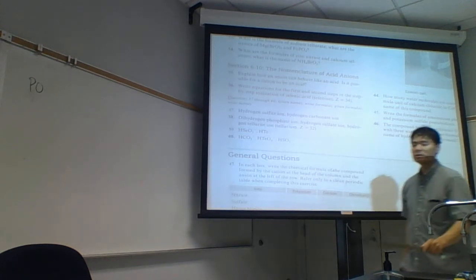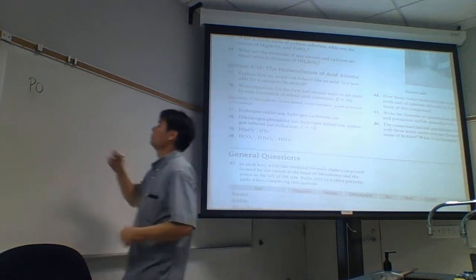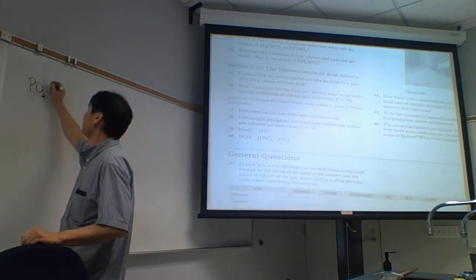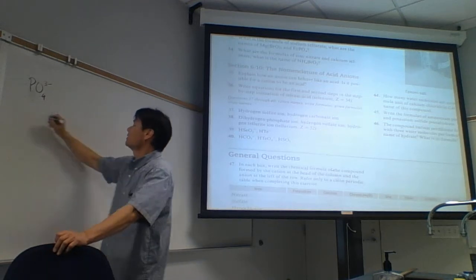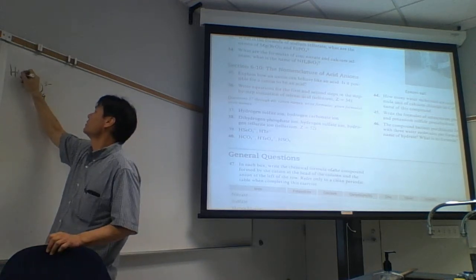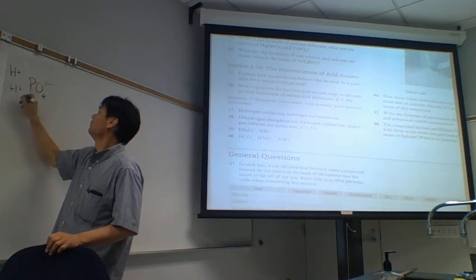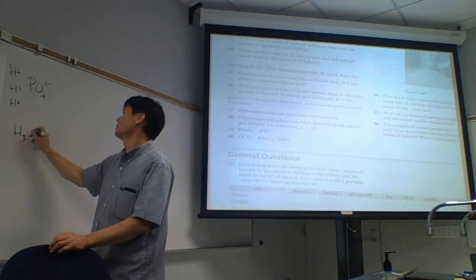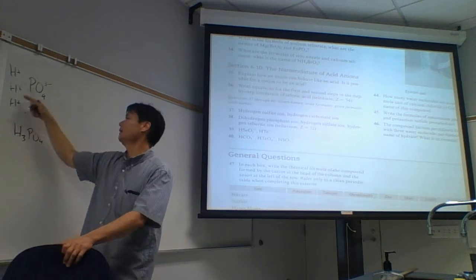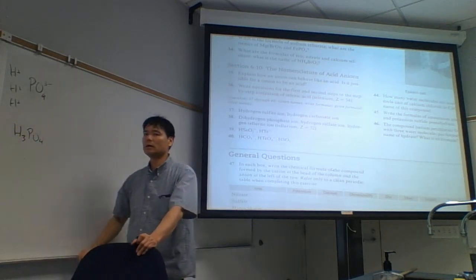The charge? 3 minus. So for phosphoric acid, how many H pluses, or protons, are we going to need to balance it out? 3. And so the formula should be H3PO4. We have 3 hydrogen ions attached to the phosphate.